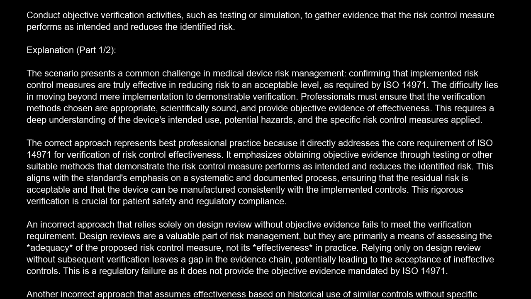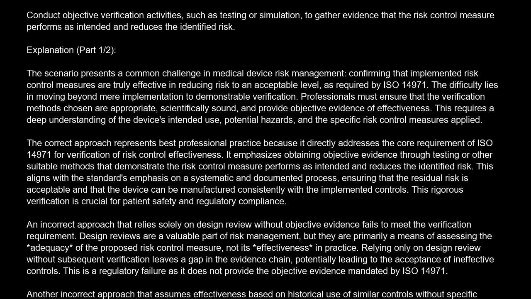The difficulty lies in moving beyond mere implementation to demonstrable verification. Professionals must ensure that the verification methods chosen are appropriate, scientifically sound, and provide objective evidence of effectiveness. This requires a deep understanding of the device's intended use, potential hazards, and the specific risk control measures applied.